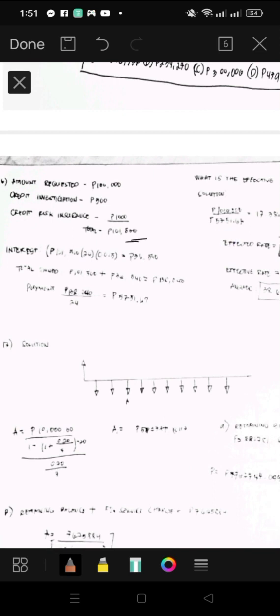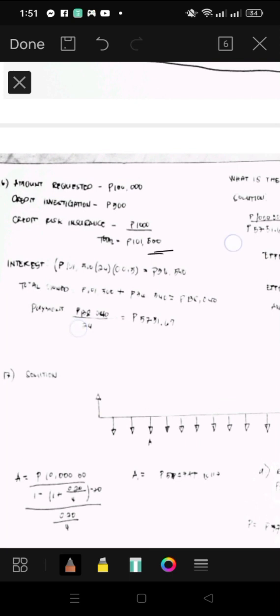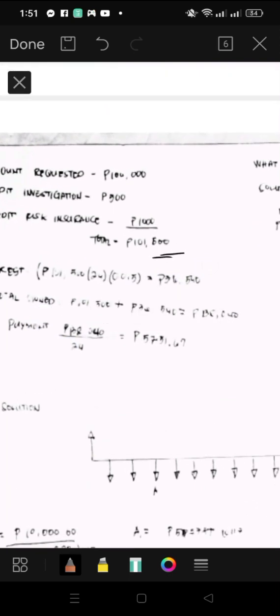So we have an interest: 101,500 times 24 times 0.015 is equal to 36,540.